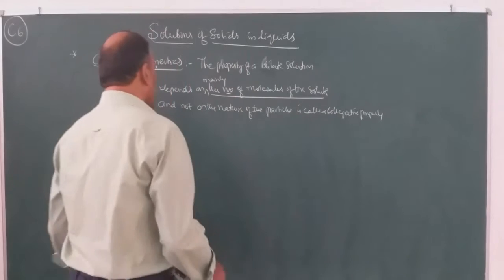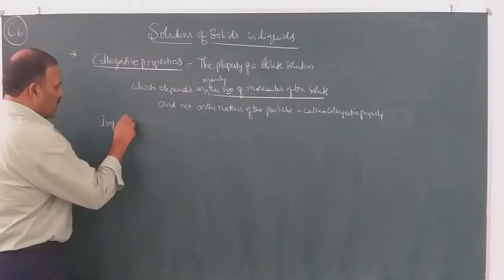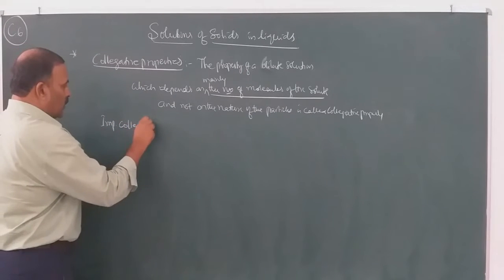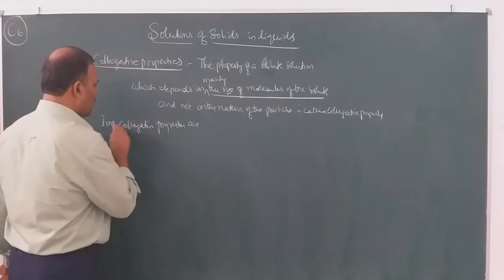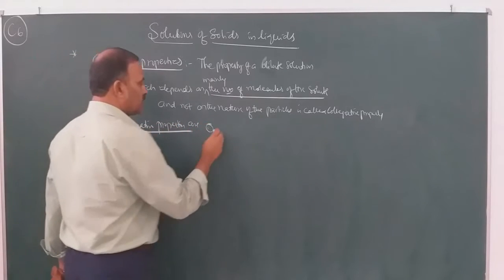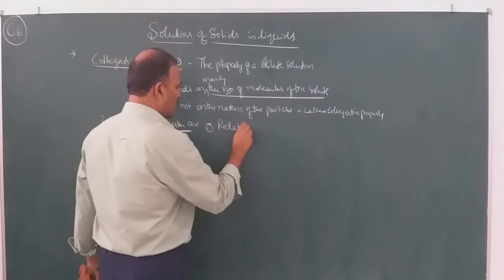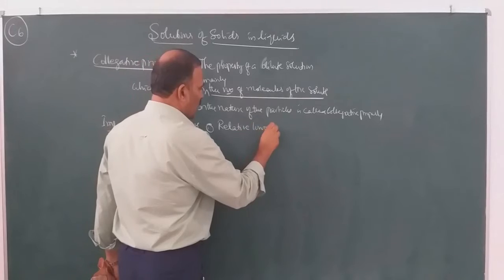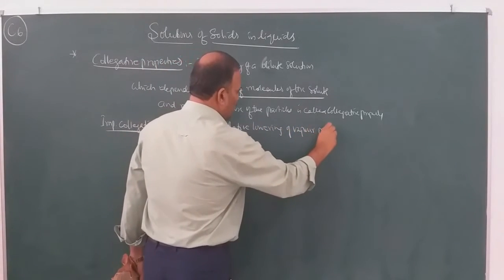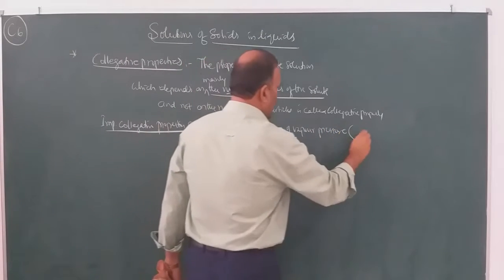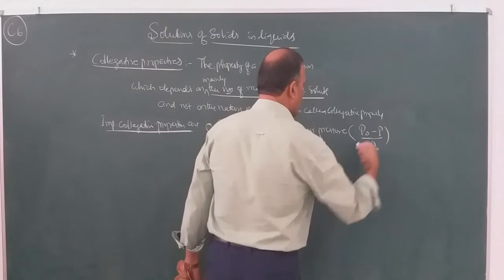The important colligative properties are: number 1, relative lowering of vapor pressure, designated as P naught minus P by P naught.